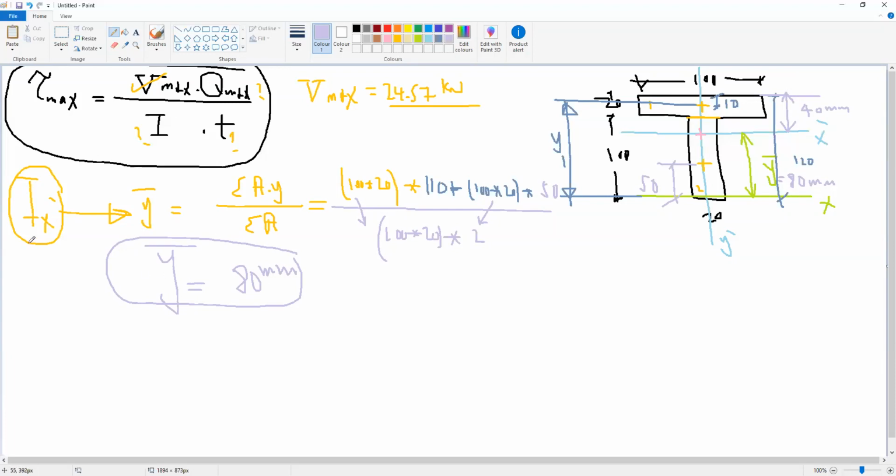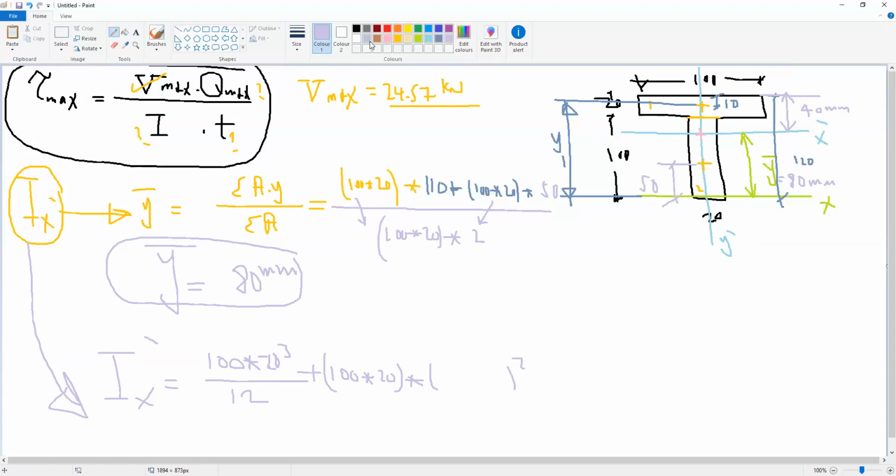The second step is to find Ix dash. How can we find Ix dash, the inertia for the section? Ix dash will be the inertia for area 1 plus the inertia of area 2. For area 1, the inertia will be the parallel to x, 100, multiplied by the normal to x, 20 to the power 3, divided by 12, plus area, which is 100 multiplied by 20, multiplied by y square.